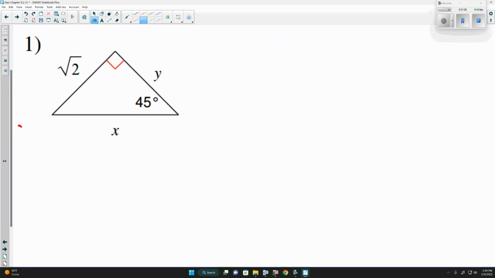So here, all the last ones we've done for a while have all given us the hypotenuse. This gave us one of the two legs, yes? So the other leg, y, must be what? Yes. And the hypotenuse is what? Square root of 2 times.